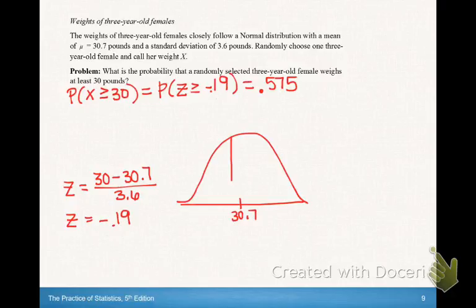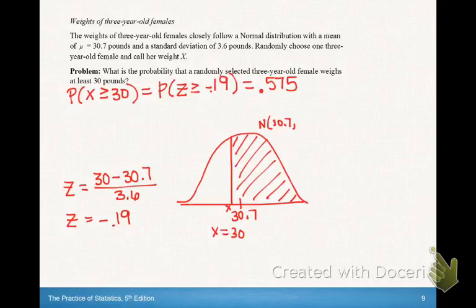We're trying to find right here at 30 this area. So we can say x equals 30, and then we have the probability that x is greater than or equal to 30. So that's something that we should do. I've also seen where they use that notation N(30.7, 3.6) to describe the normal distribution.